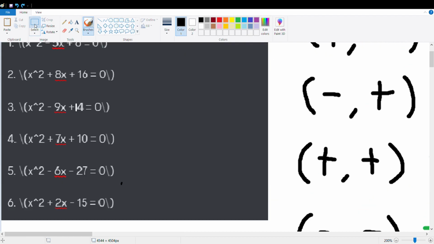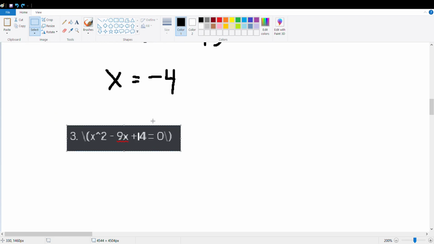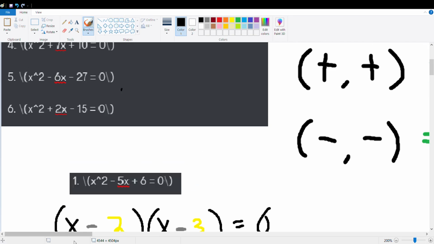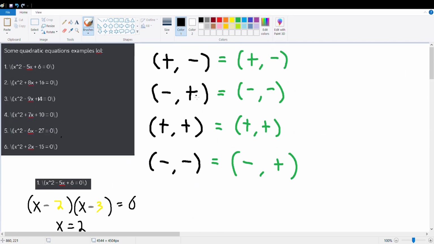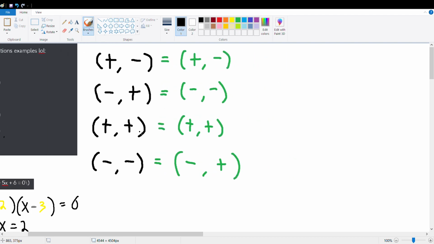And as you can see here, if it's positive, positive, then the solution should be positive and positive. So number 3, this should also be simple. For 14, there is only one thing I can think of. It's 7 times 2. Since it's negative and positive, we are going to be using this diagram, guide. So here, negative and positive equals negative and negative.